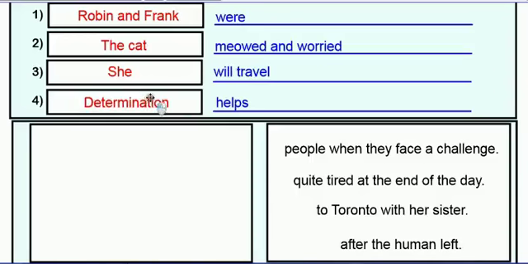Determination helps. Right? So this sentence is about determination. The subject of the sentence is determination. So a thing could be a concept. Determination is a concept, and the verb here is helps. So we do have 4 full sentences. Robin and Frank were. The cat meowed and worried. She will travel. Determination helps.